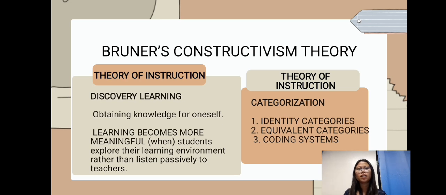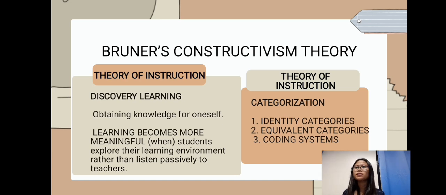Discovery learning. It is obtaining knowledge for oneself. Learning becomes more meaningful when students explore their learning environment rather than listen passively to teachers. Discovery learning promotes active knowledge construction. A student is engaged in exploration and investigation, formulating and testing hypotheses rather than passively receiving information.